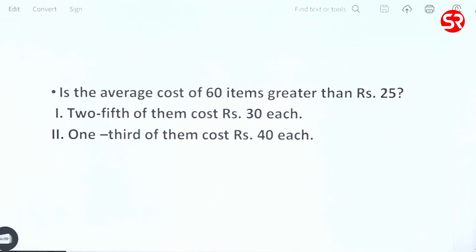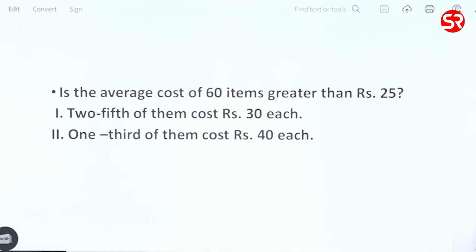Rahul. 4. Yes, Piyush. Anyone having a different answer? I don't mind. 1, 4.